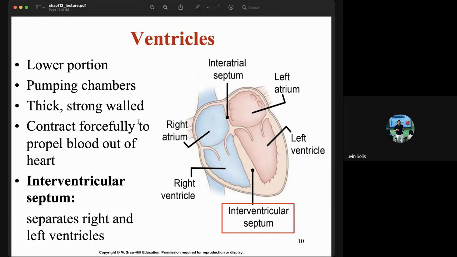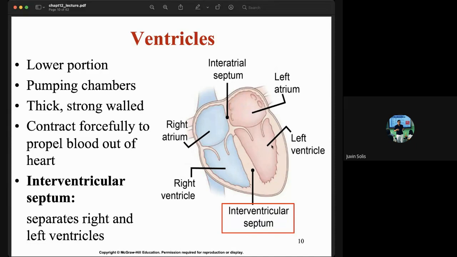While your ventricles are the lower portion of the heart. These are the pumping chambers. They are thick, strong-walled, and contract forcefully to propel blood out of the heart. So from the right atrium, i-receive siya ni right ventricle.